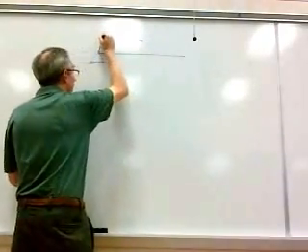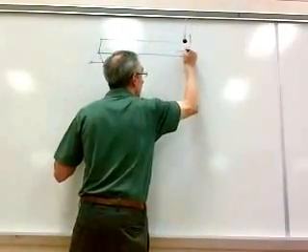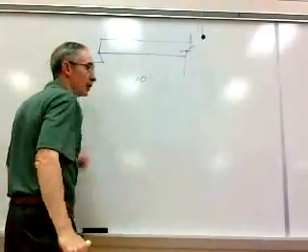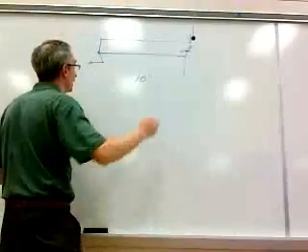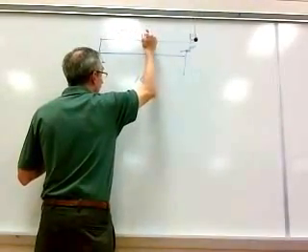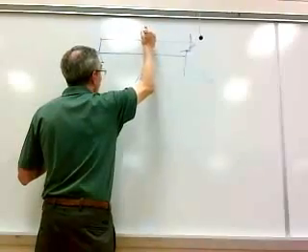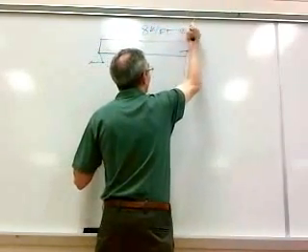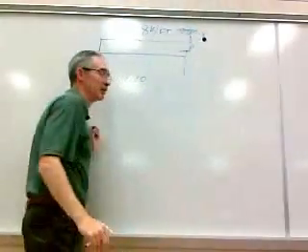We'll say it's a beam that's 20 feet long, so I'm only going to show you 10 feet of it, and there's a total factored load of 8 kips per foot on it. That's already been factored.